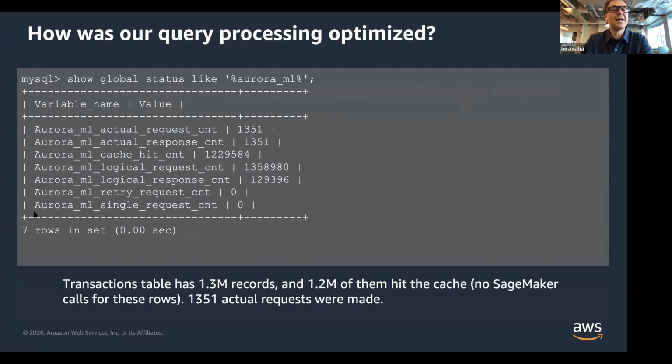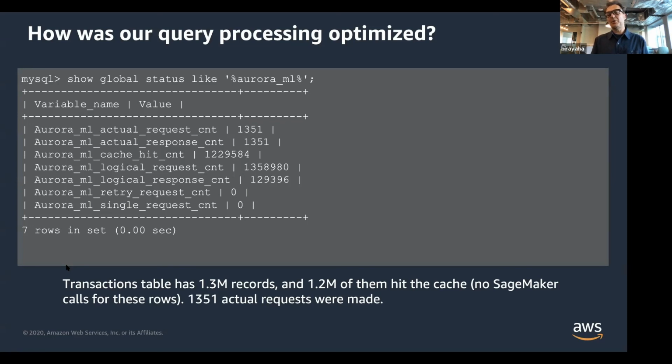And if we look at the number of calls that we made from Aurora to SageMaker, you could see here that the transaction table that we queried was 1.3 million records, and 1.2 million of them hit the cache, right?